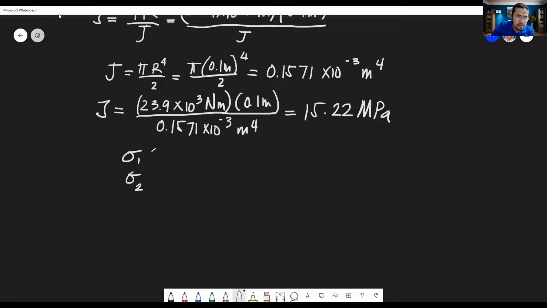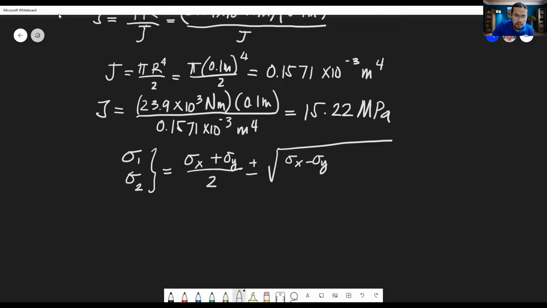The formula for the principal stresses is, as I've shown, sigma x plus sigma y over 2 plus or minus, since there are two values, one would yield another number.